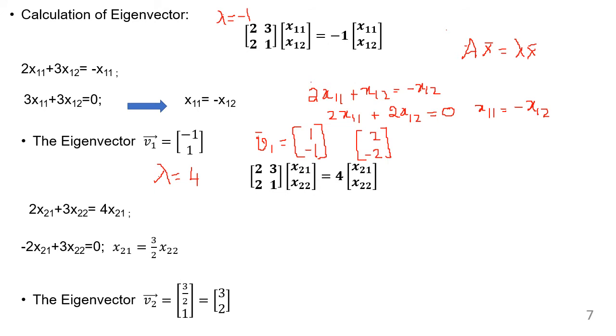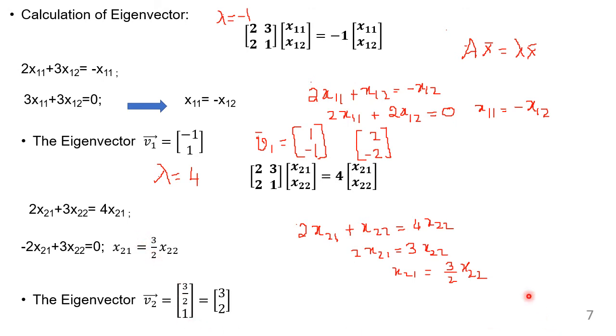So let me write the second equation. The second equation is given by 2x21 plus x22 is equal to 4x22. That gives you 2x21 is equal to 3x22. It is x21 is equal to 3 by 2 x22. You can observe here the same as the previous answer.